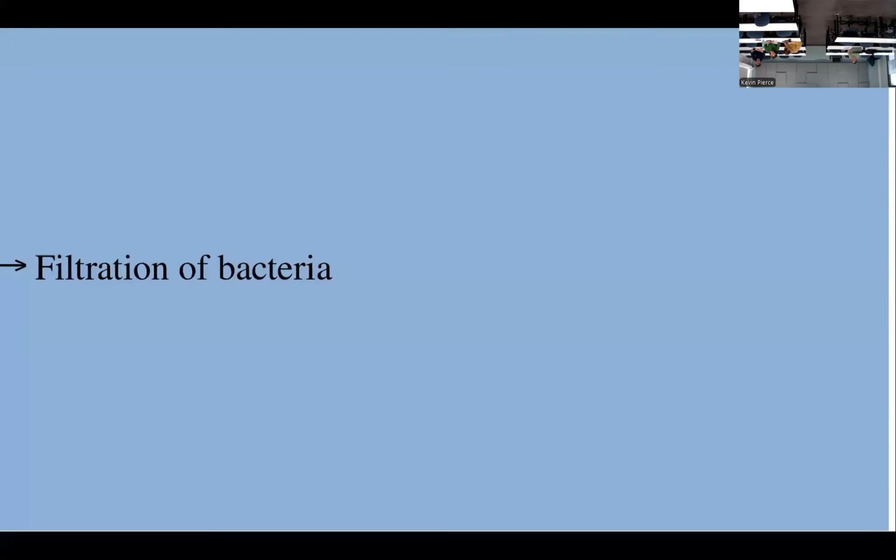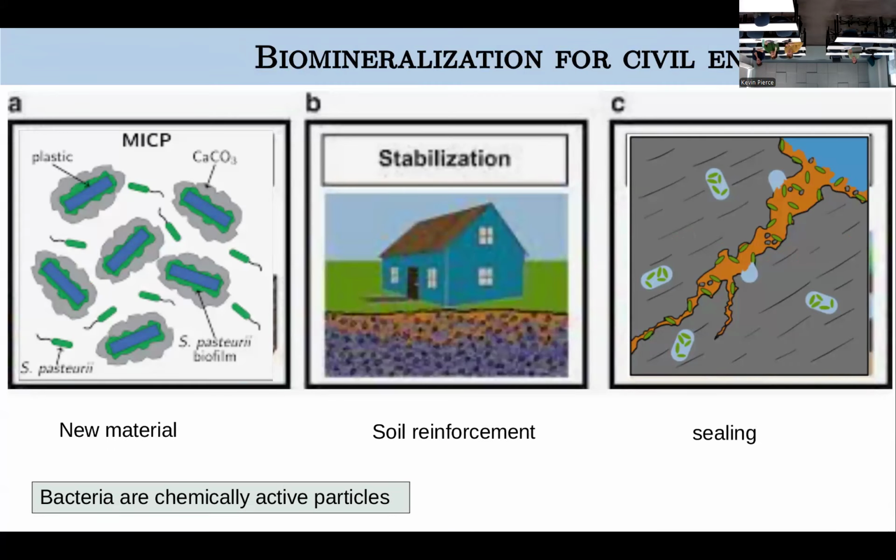So next slide. I will now talk about filtration of bacteria. On the next slide, you can see that bacteria are not only active because they swim. They are also chemically active, because they can produce some enzymes. An enzyme can help to trigger some chemical reactions.